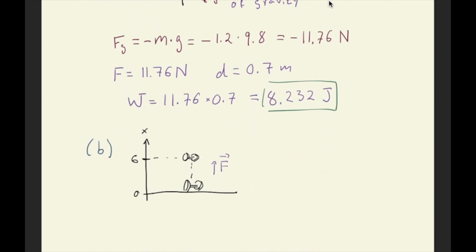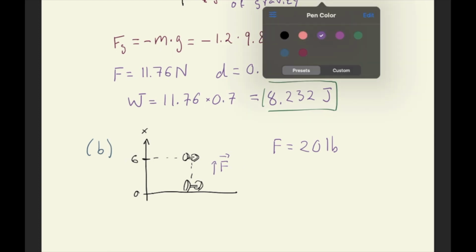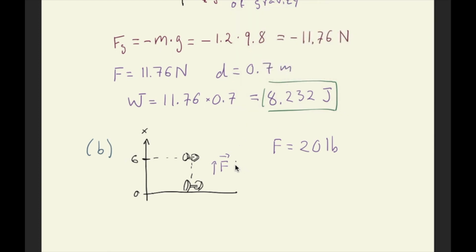And in this case, we're going to take F to be equal to 20 pounds. The gravitational force acting on this weight points down, so it will be negative 20. But to compute how much work is required, we use F equals positive 20.